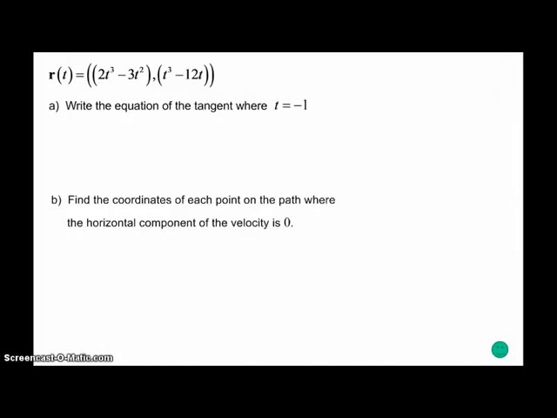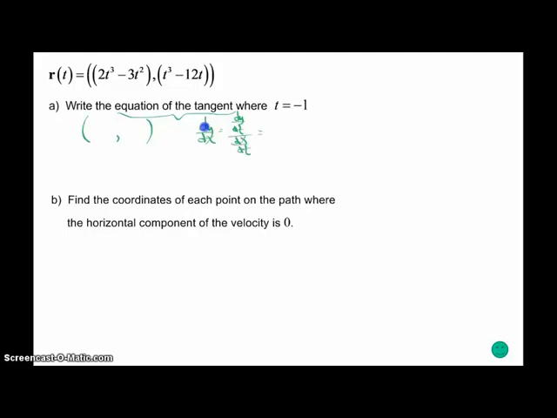So given a new position vector, write the equation of the tangent line where t equals negative 1. So for the equation of the tangent line, we need a point, right? An xy point, and we need a slope, dy dx. Just like parametrics, this is dy dt over dx dt.